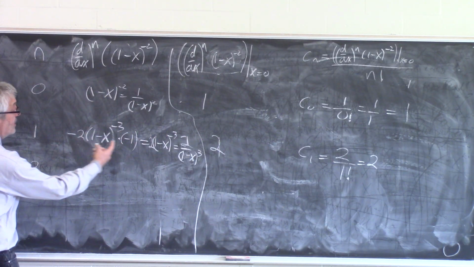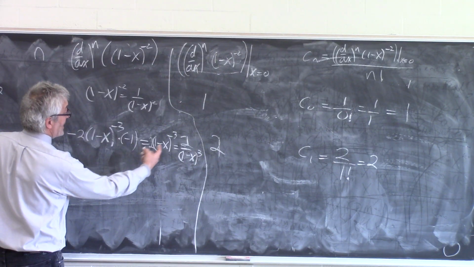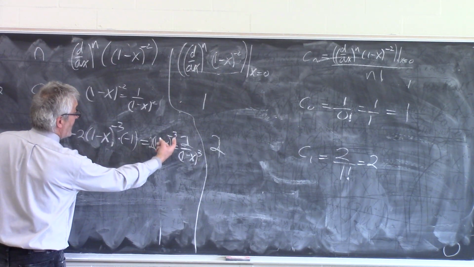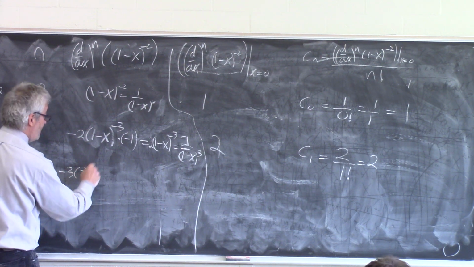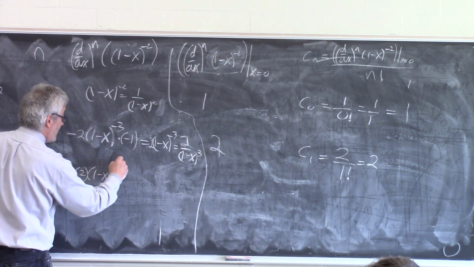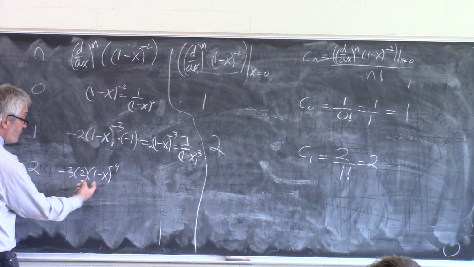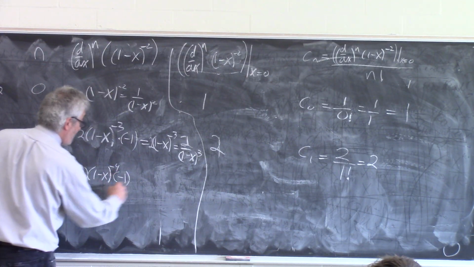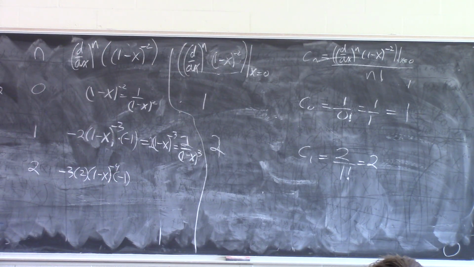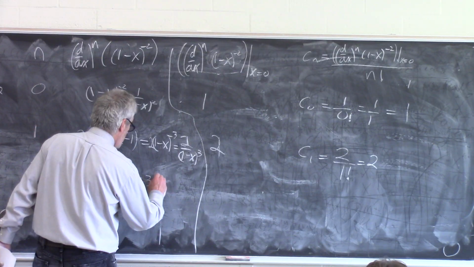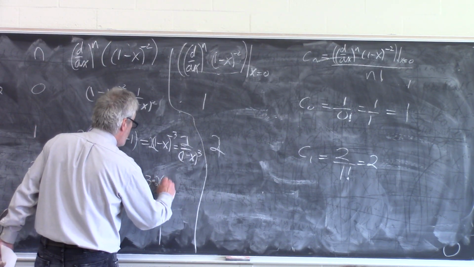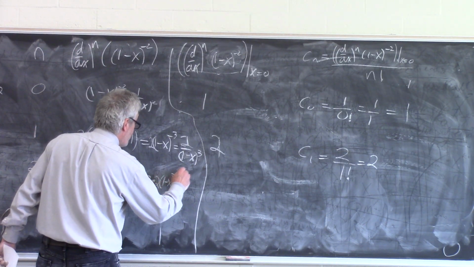Let's find the second derivative. I take the second derivative of this, and I bring down the exponent, so I get minus 3 times 2, and then I have (1 minus x) to the minus 4th power. But I have a chain rule problem. I've got to multiply by the derivative of the inner function. So I end up with 3 times 2, so in other words, 3 factorial times (1 minus x) to the minus 4th power.